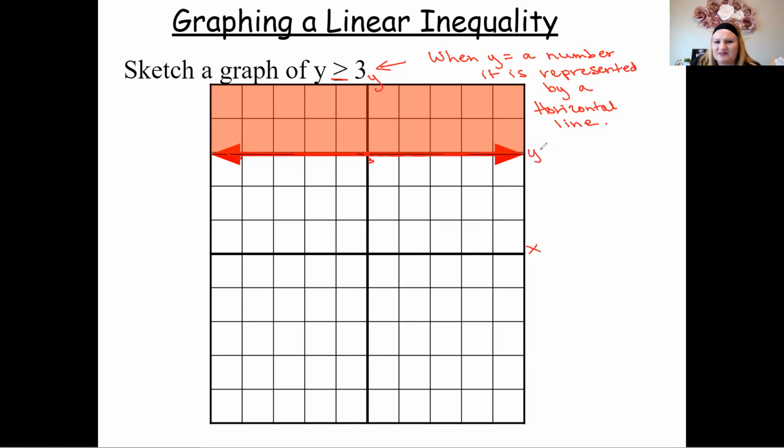So this line represents y equals 3, and that is a horizontal line. If you have trouble with this, look at what the other coordinates are. This point is 1, 3. This point is 2, 3. This point is 3, 3. On the other side, just to confirm, this is -1, 3.